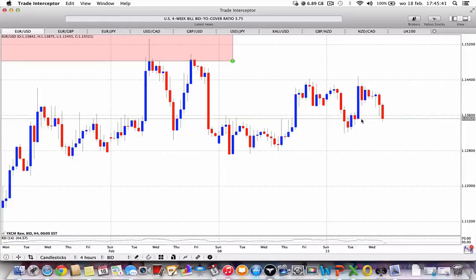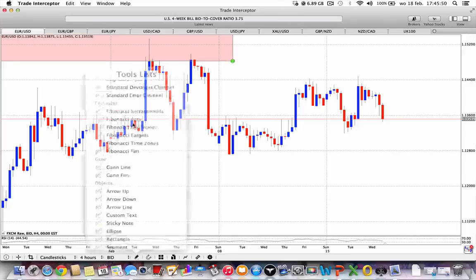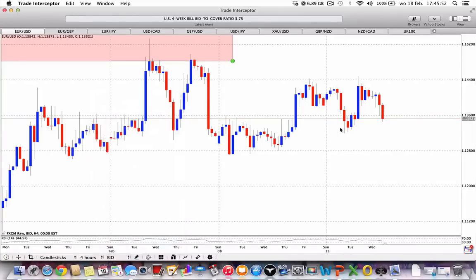Well, you look left again, and right here you can see that there was a little support, and right here, I'm just going to help you all, like so. You can see that all these tails are at this level.